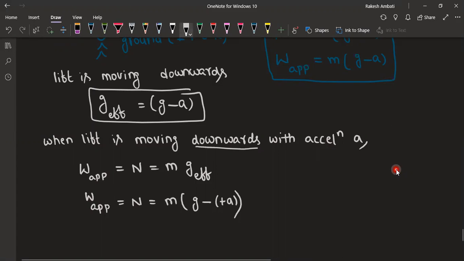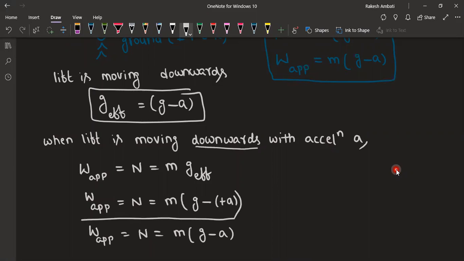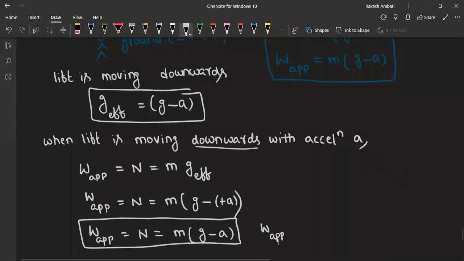So apparent weight equal to N equal to m into g minus a. This is the formula we have, and from this apparent weight is less than the true weight of the body.